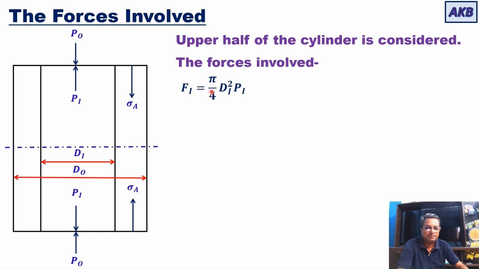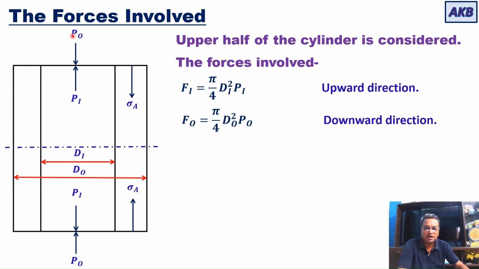One is Fi given by pi by 4 di square pi, and this force is acting in the upward direction. Then the other force is Fo, which is given by pi by 4 dO square into Po. It acts in the downward direction. And then Fa, the resistive force, which is given as sigma A into pi by 4 dO square minus di square.